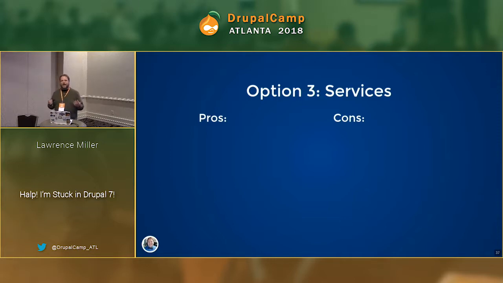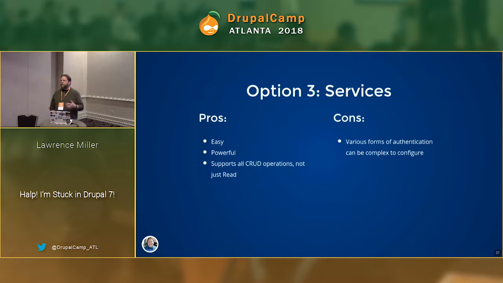So if you're going to get into complex schemes like three-legged OAuth or something like that, then it might be worth telling your stakeholders, we can definitely still support this in Drupal 7, but this is a case where Drupal 8 gets us so much more that the time that we save in just doing the three-legged OAuth setup might be worth escalating our plan to upgrade. I know that kind of defeats the purpose of this session, which is you're not allowed to upgrade. What do you do?